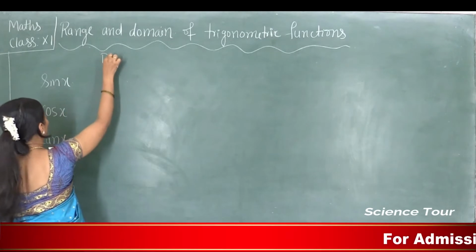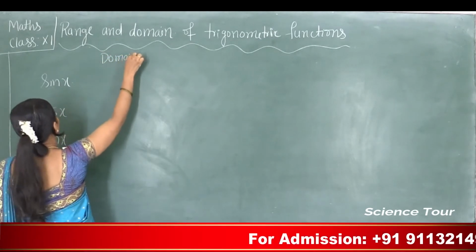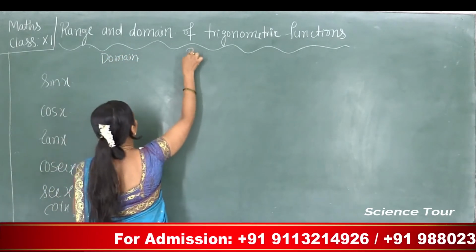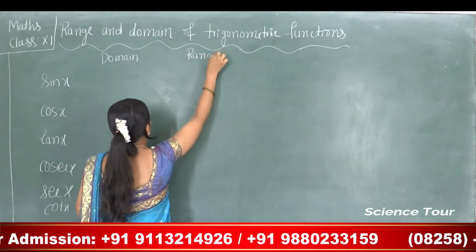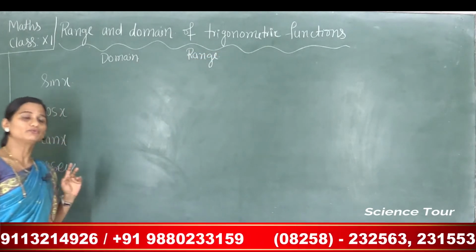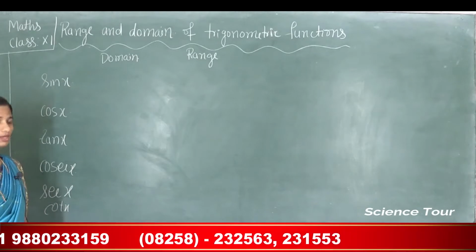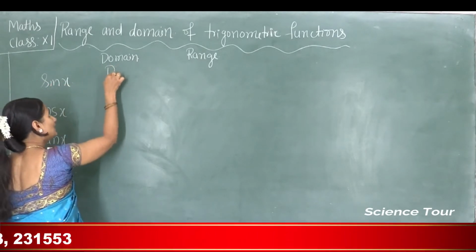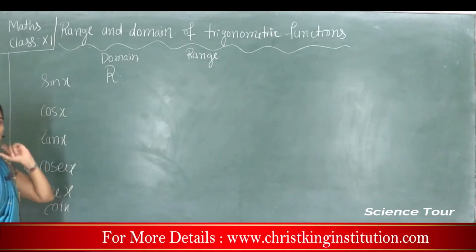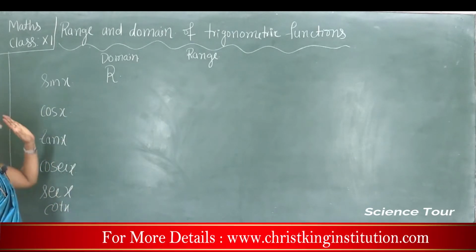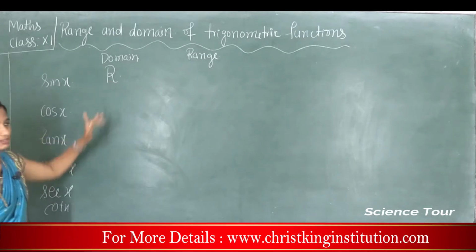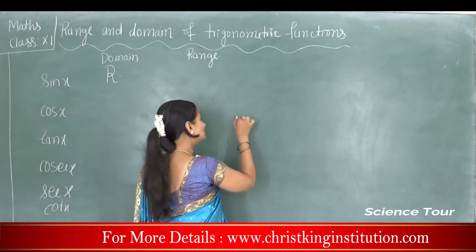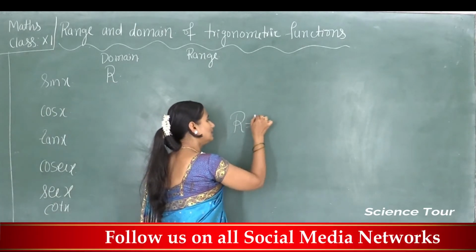First I will write the domain and range of the sine function. Now domain is the set of all real numbers. First we will see what a real number is.